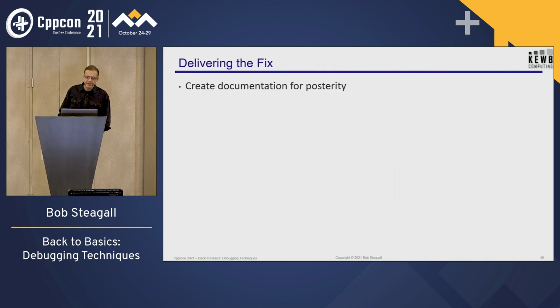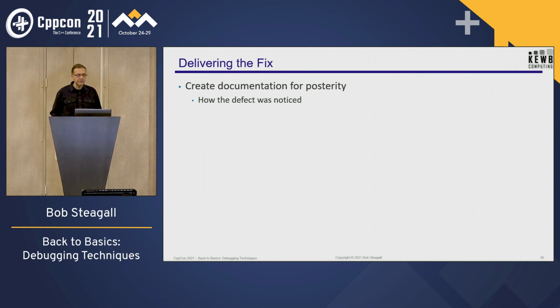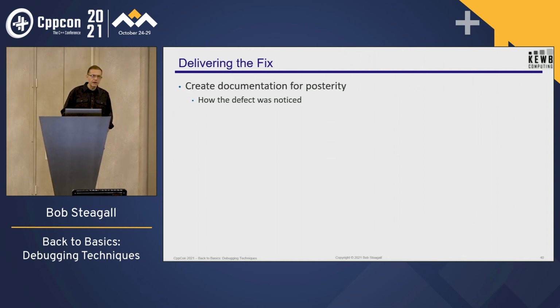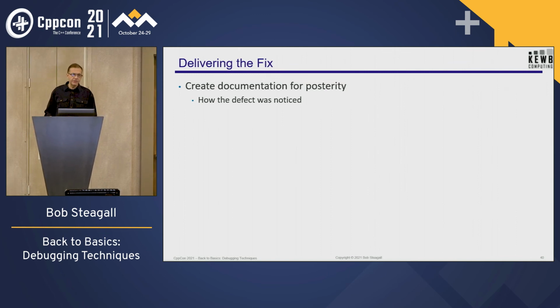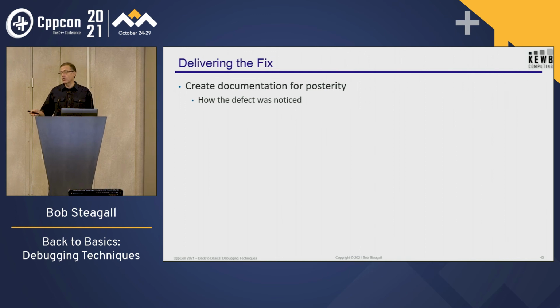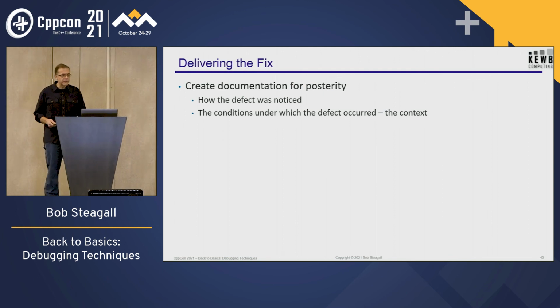When you're delivering the fix, please, please, please create documentation for posterity. Let posterity, the next person that's going to have to look at this code, know how the defect was originally noticed. And that, of course, part of that information will come from the problem report. Let posterity know the conditions under which the defect occurred.